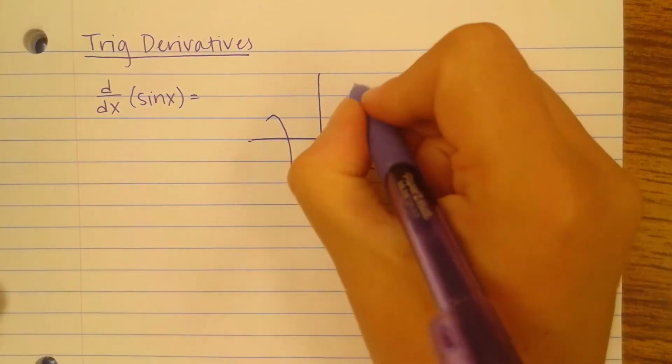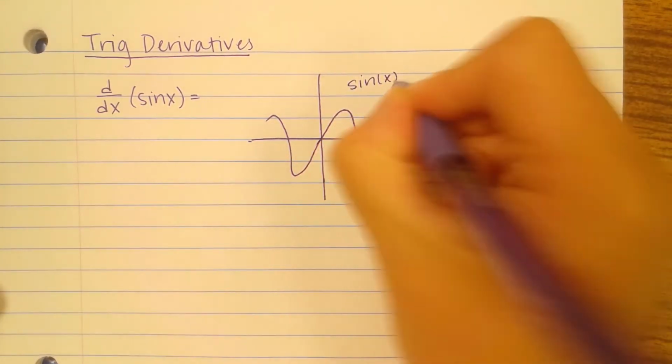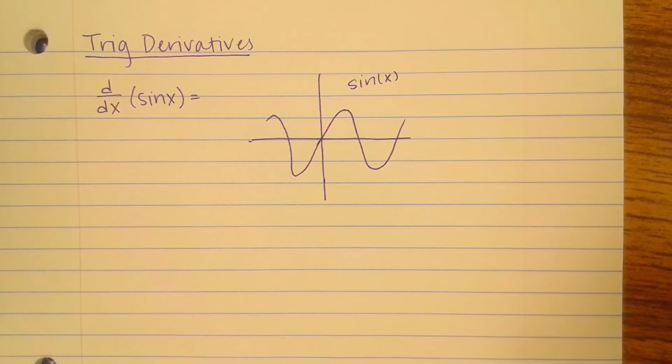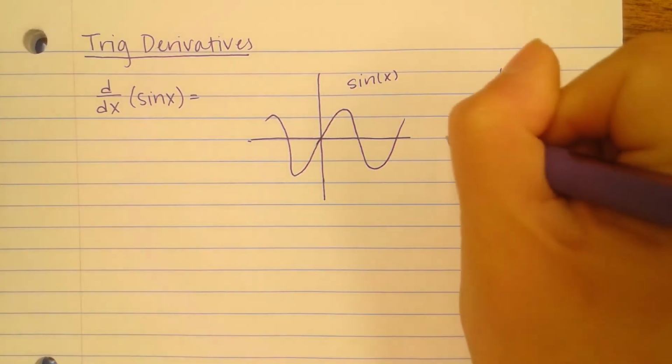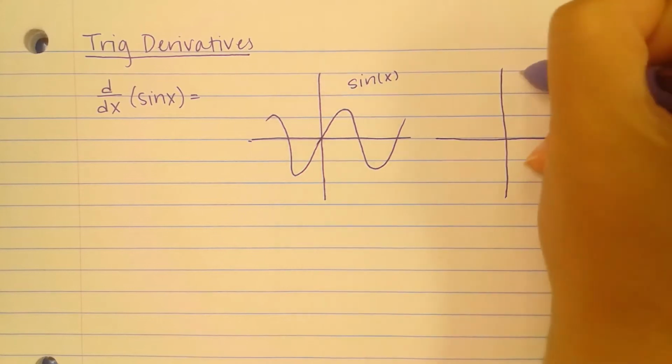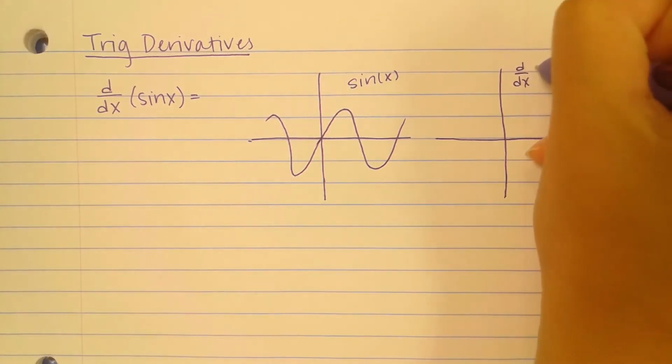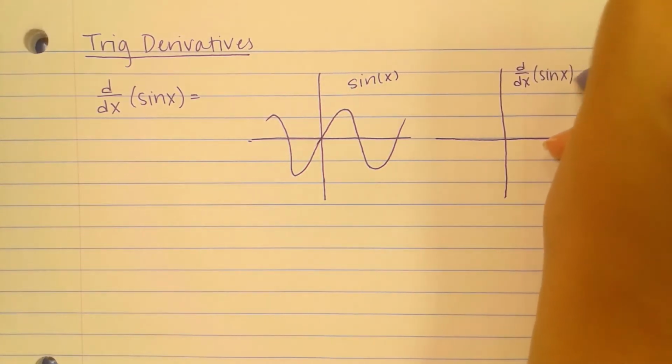So if I'm looking at this function sine, I know that there's a relationship between our functions and our functions' derivatives, or I can at least consider what a derivative is graphically and use that to even sketch a graph of what the derivative should be. So that's what I'm going to do here: look at this function sine, and use that to come up with what the derivative of sine should be.